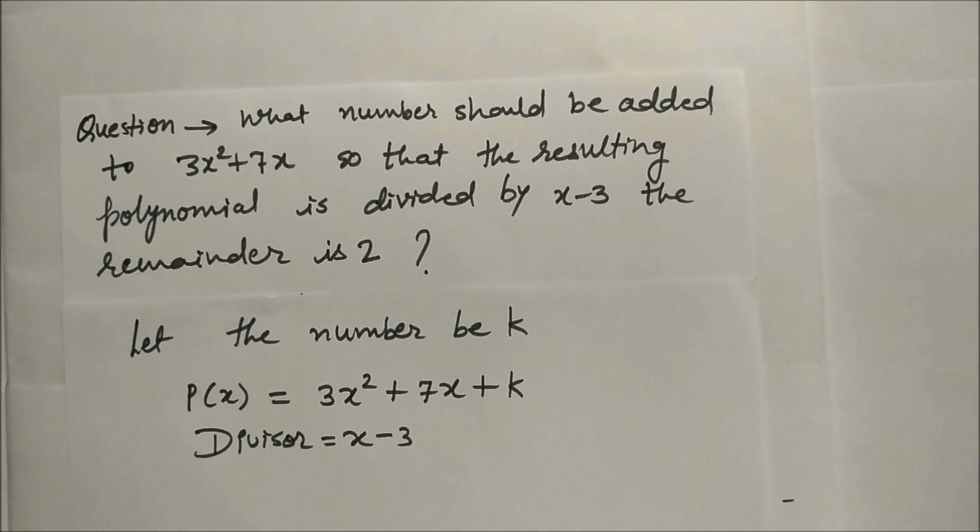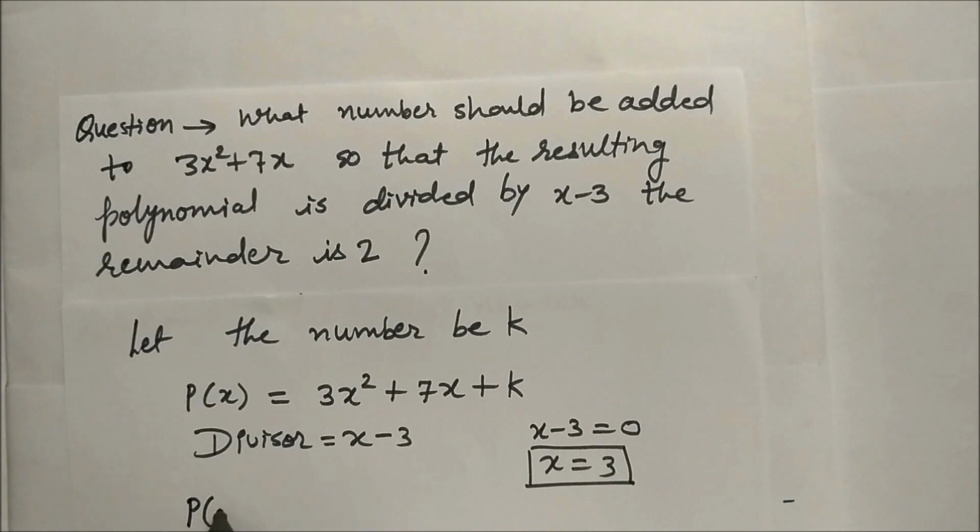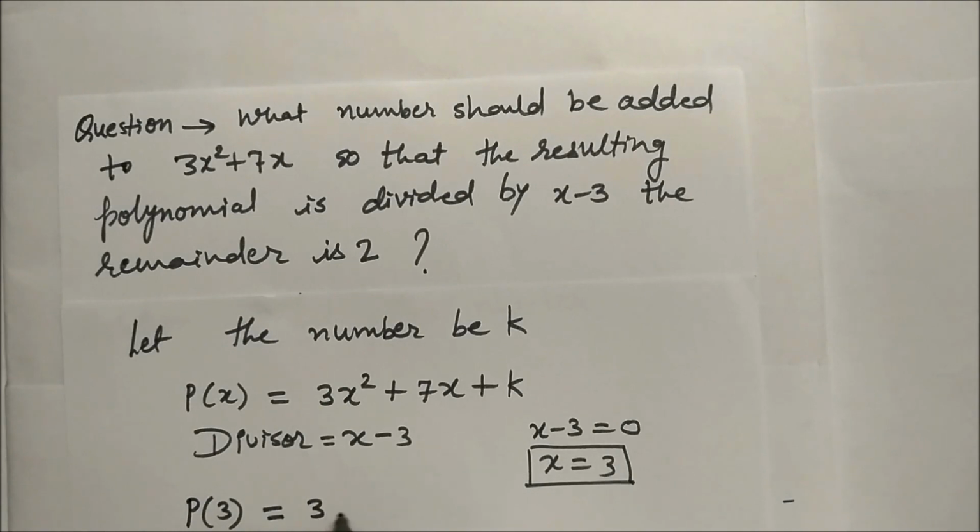So here we will replace the value of x, and for finding the value of x we write x minus 3 is equal to 0. So x is 3. By using the remainder theorem we can write p(3), because the value of x is 3.